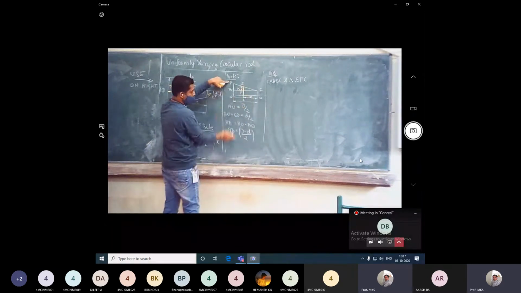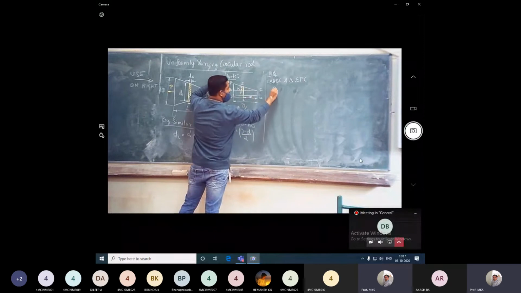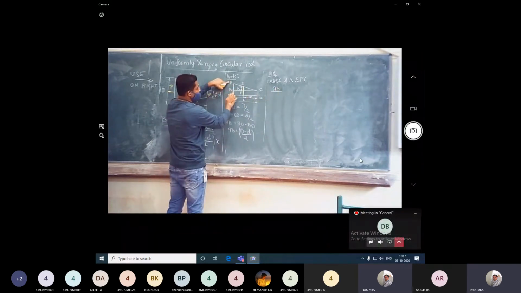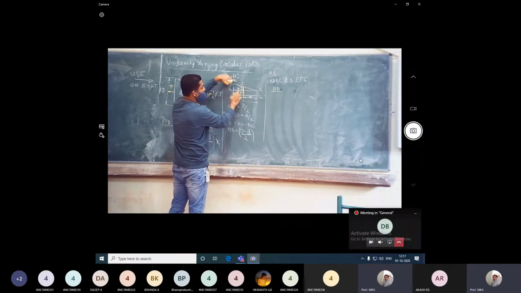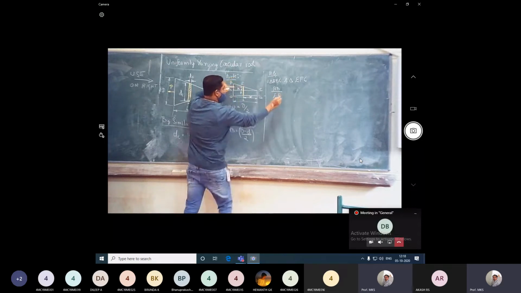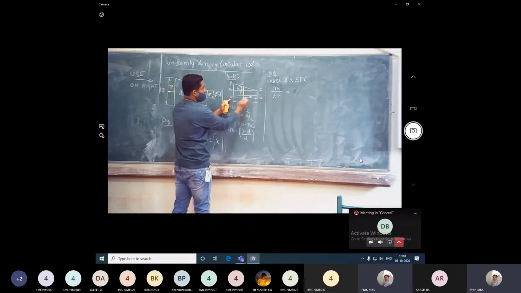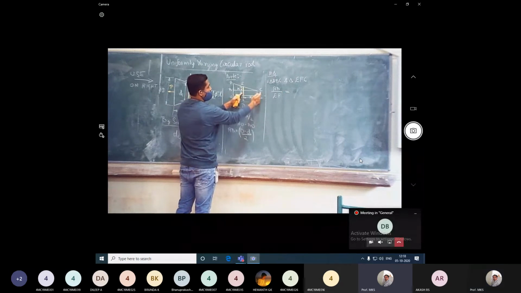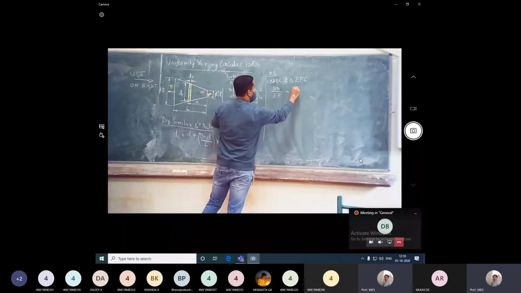What is AB? I know. So if I consider AB in this triangle, it is AB by EF, taking the vertical height in the other triangle as EF, is equal to the length. So what is the length? BC by CF.